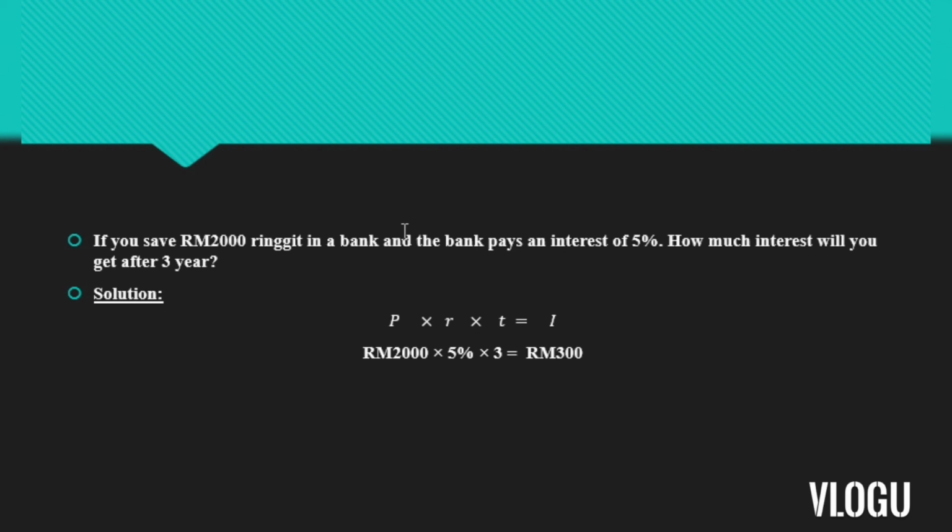So in this question, you need to find the interest after 3 years. 2000 ringgit is the principal times 5% interest and times 3 years of time period. So you will get 300 ringgit for the interest after 3 years.